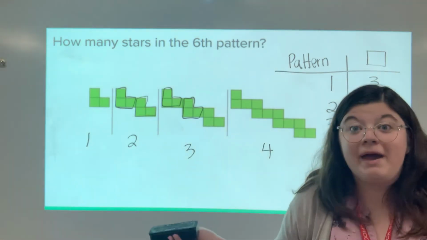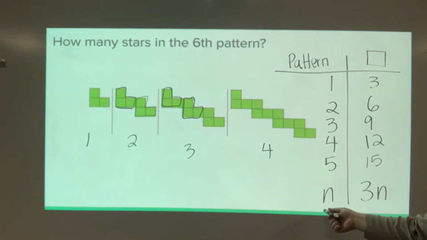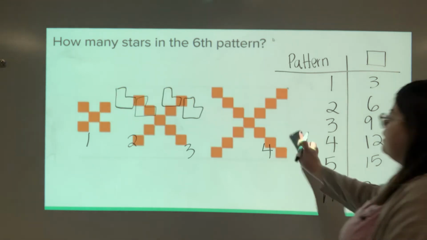If I wanted the 100th pattern, how many squares would be in the 100th pattern? Okay, well, in this case, n would equal 100. If I plug 100 into this expression, I would just be taking 3, multiplying it by 100, and I would get 300 blocks. Okay, I think you're getting the hang of this, hopefully. Let's do one more together.